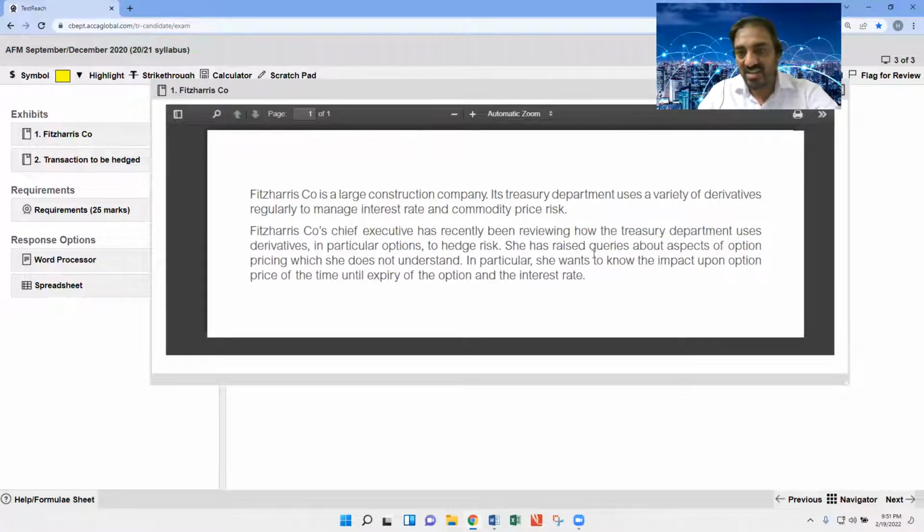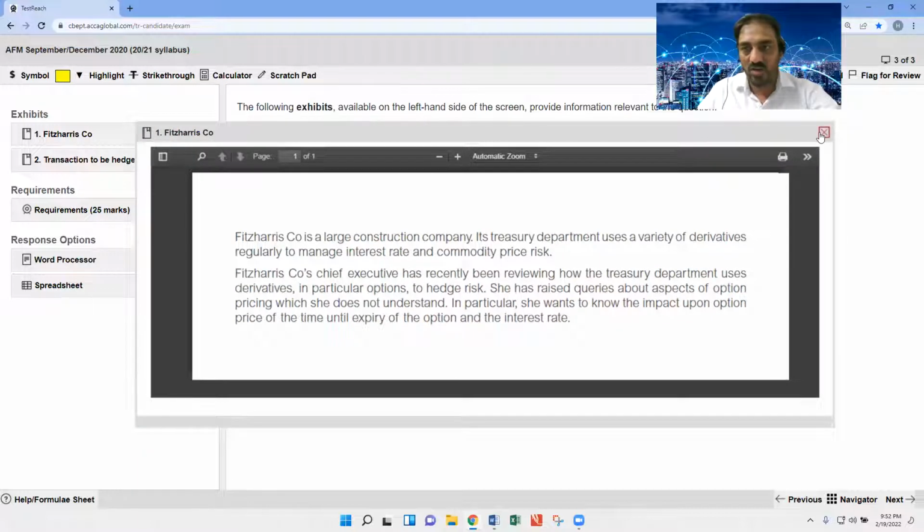She has raised queries about aspects of option pricing which she does not understand. In particular, she wants to know the impact upon option price of the time until expiry of the option and interest rate. This is the background of the question.